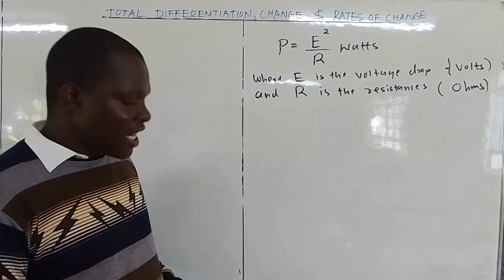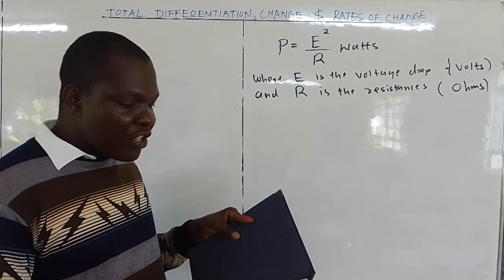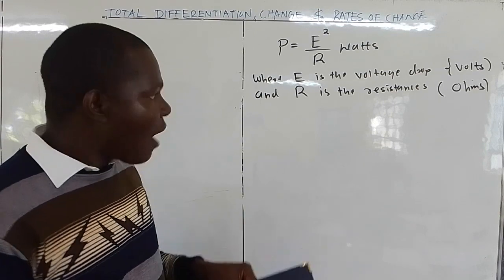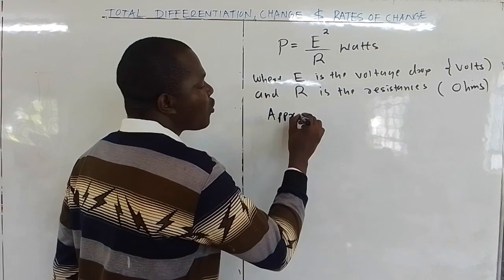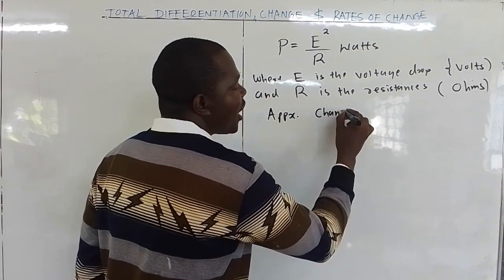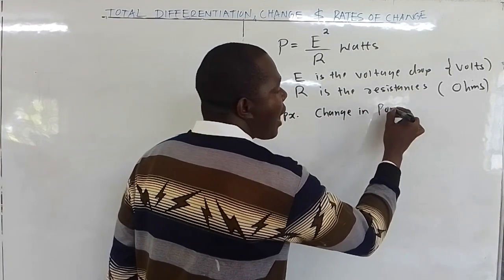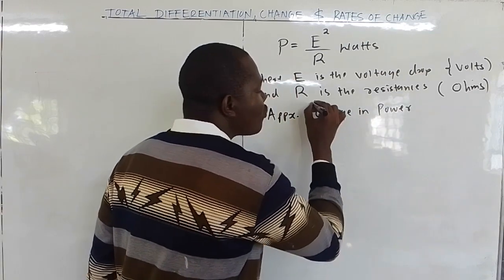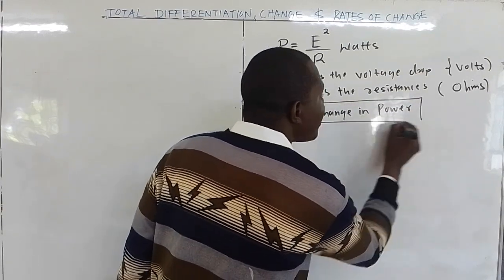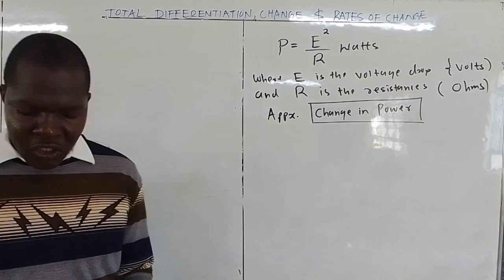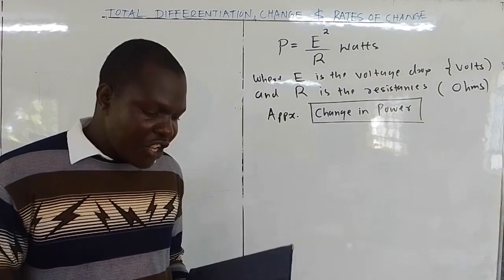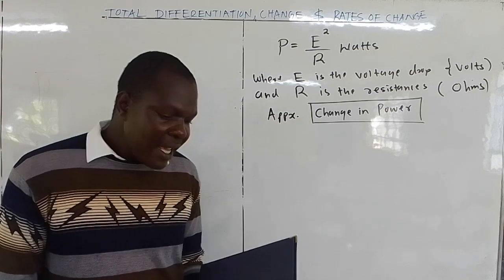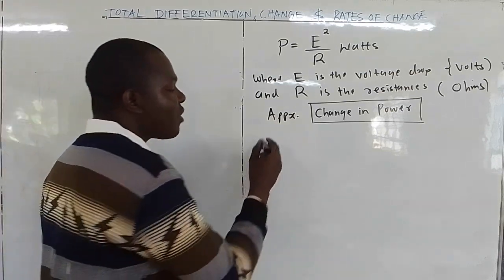Meaning this is what they want you to approximate, the change in power, when E increases by 4%.